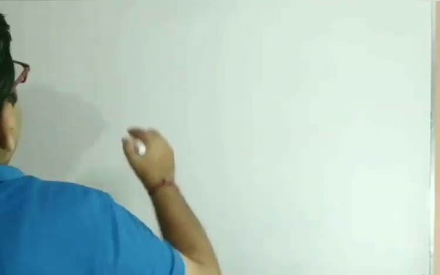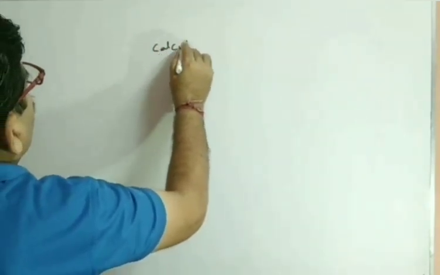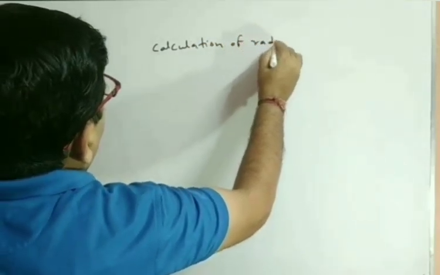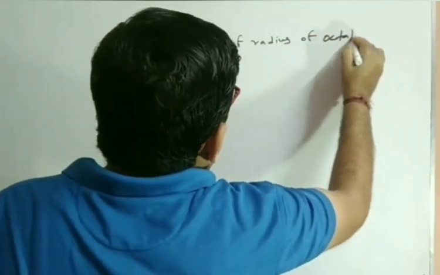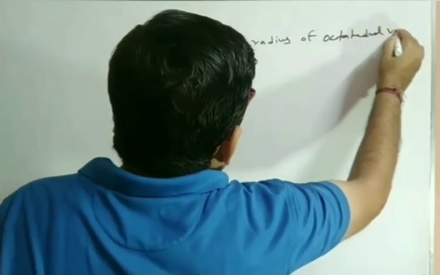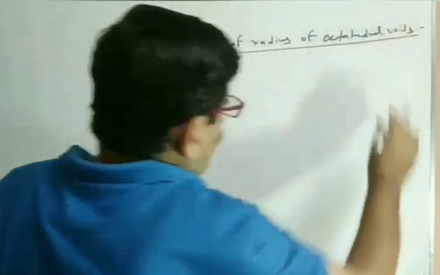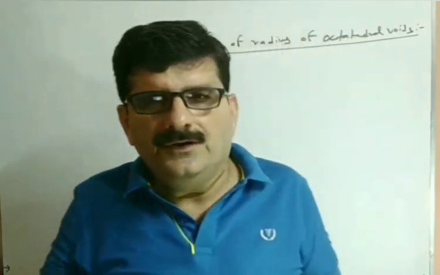So my heading is calculation of radius of octahedral voids. Voids means vacant space, or you can say interstitial sites, interstitial space.